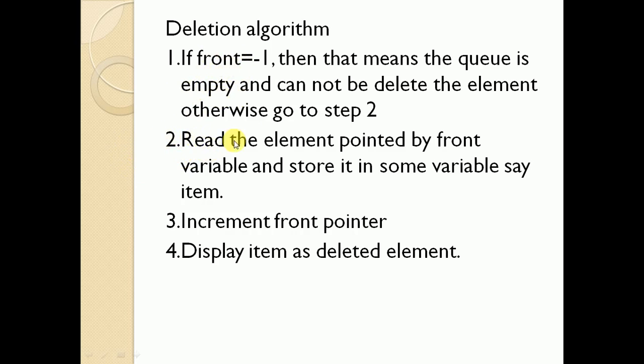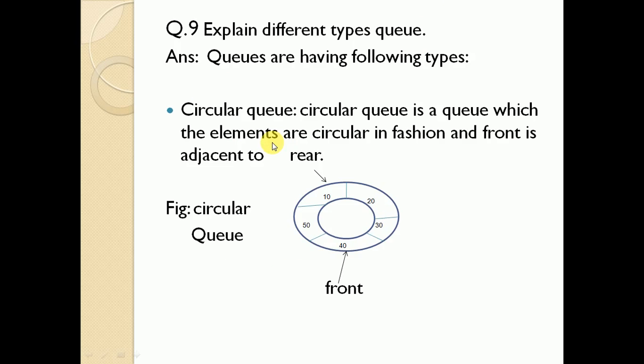Otherwise go to step 2, read the element pointed to by the front. If any element is there, that is the element pointed to by the front, which you need to delete. So increment the front pointer, then that element will be deleted, and display the item which has been deleted from the queue. This is the algorithm for deletion operation.